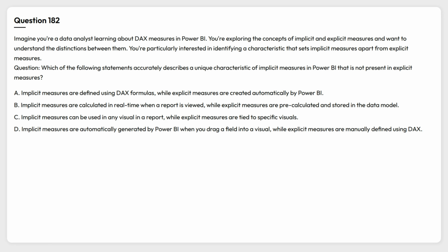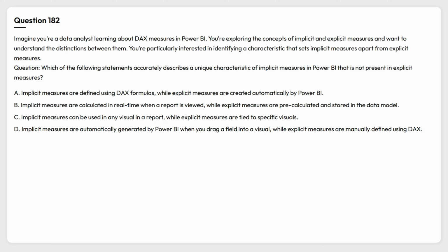You are particularly interested in identifying a characteristic that sets implicit measures apart from explicit measures. Question: which of the following statements accurately describes a unique characteristic of implicit measures in Power BI that is not present in explicit measures?